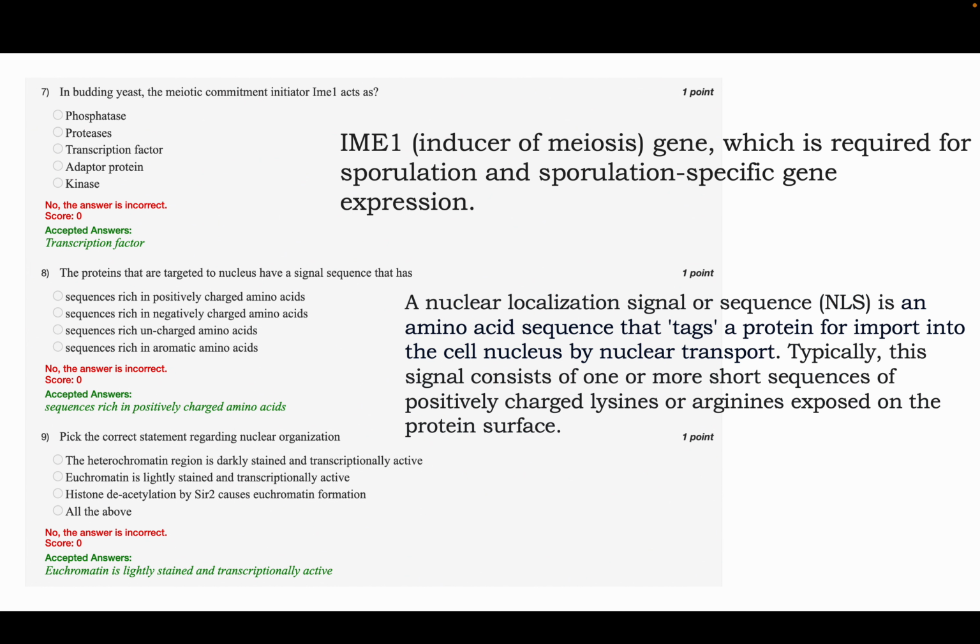All of the above. The first is not the correct answer: heterochromatin region is darkly stained, that is fine, but it is not transcriptionally active, rather the opposite. The correct answer will be that euchromatin is lightly stained and transcriptionally active.